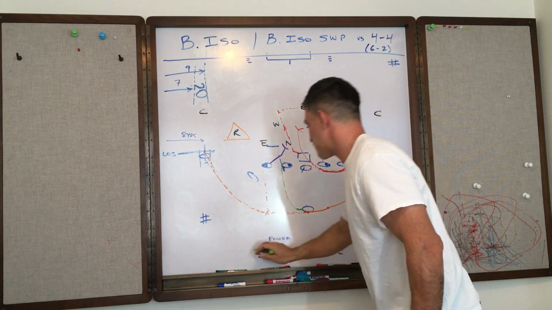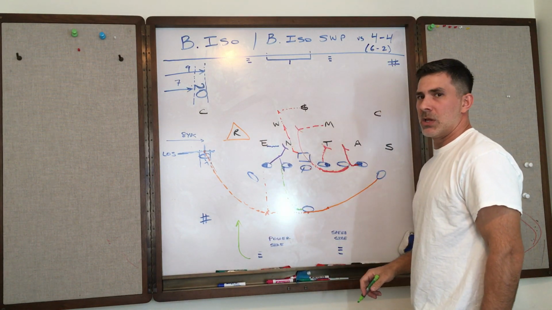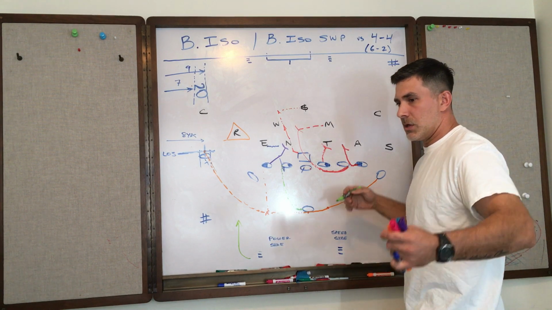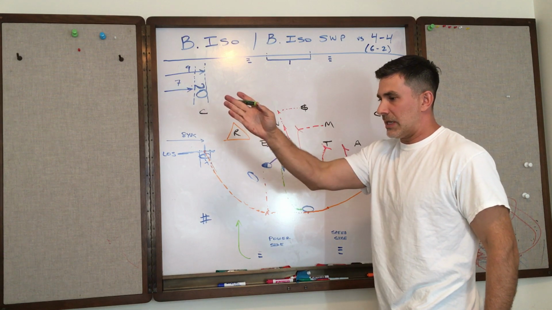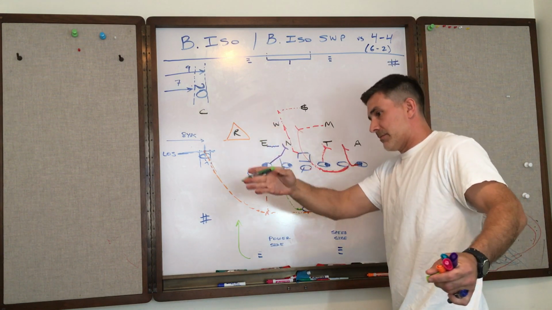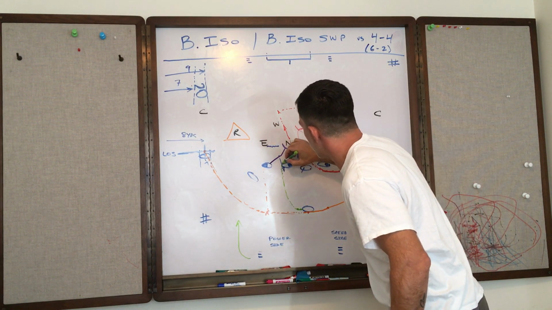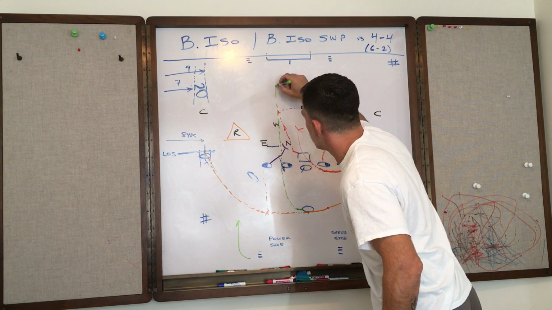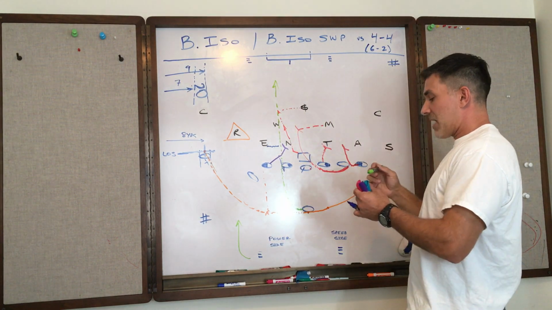So his natural path, although it's vertical, if the defense is any good and they don't just let you run straight down the B, the B's not the B gap, it's the innermost part of the B gap, which is right here. If they just didn't do anything, that's literally the path we would take.